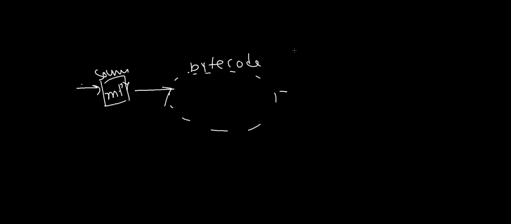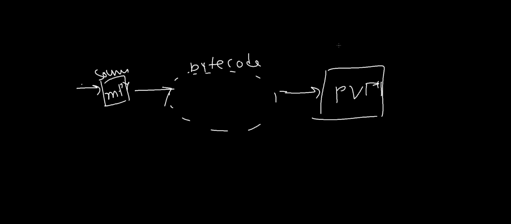So what I said: when you give your source, this is our source, it first gets converted into bytecode and then given to the Python virtual machine, that is the runtime.